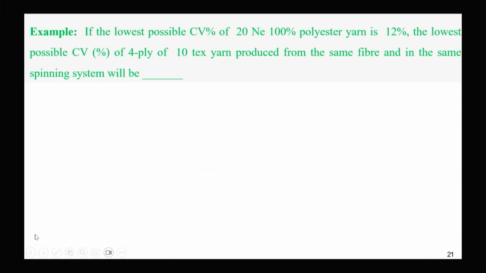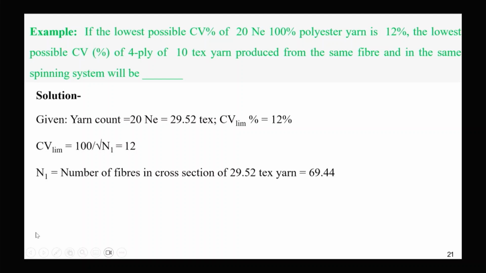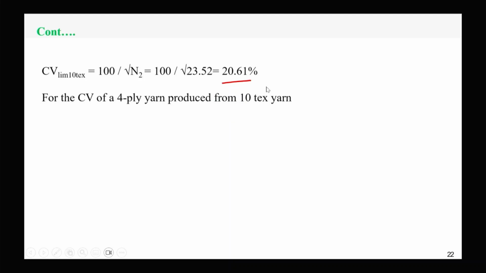So we see the steps here. 69.44, 23.52 for 10 tex yarn. You can see here 20.61 is the limiting CV of 10 tex, and then we are trying to ply. 23.52 was the number of fibers we have calculated in the 10 tex yarn.